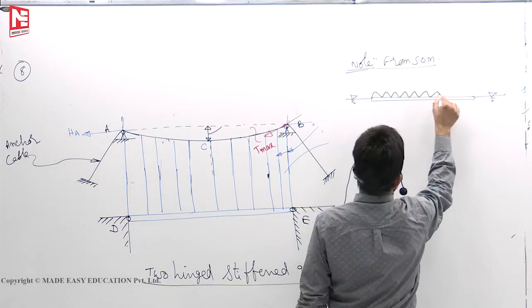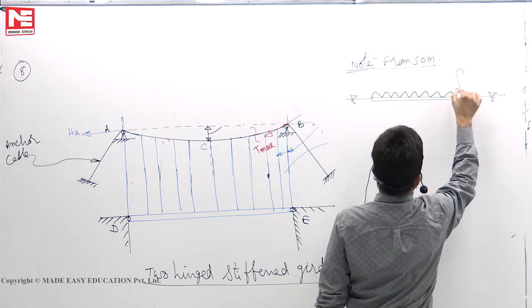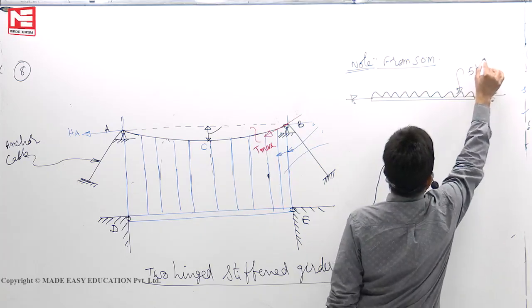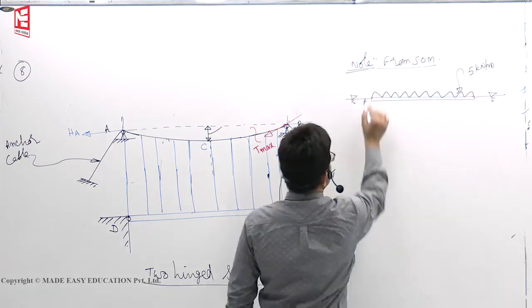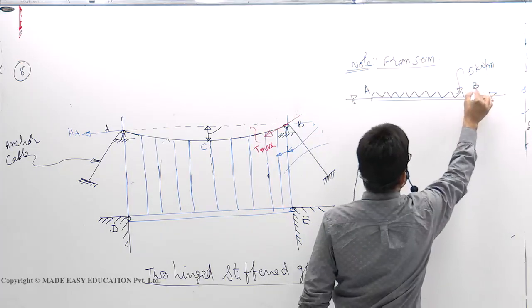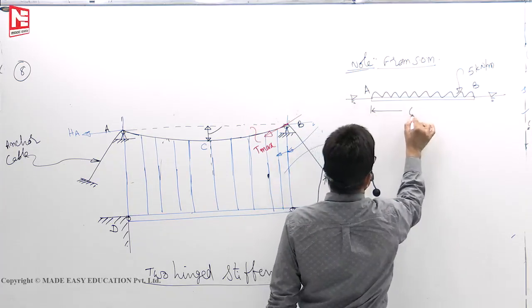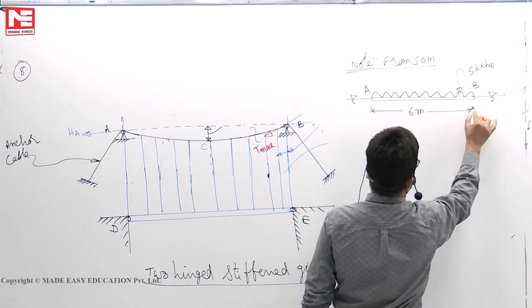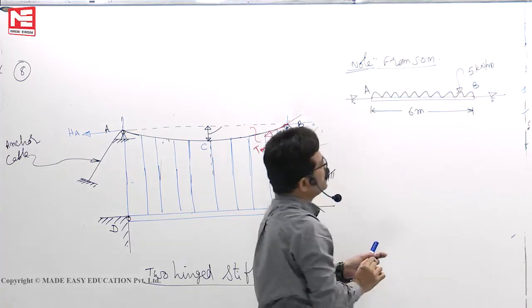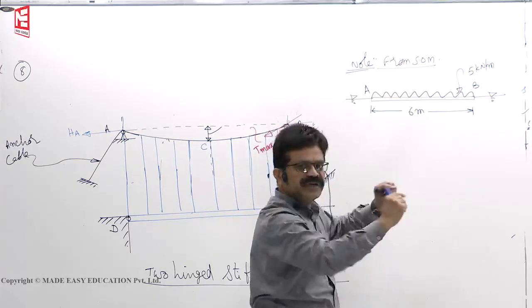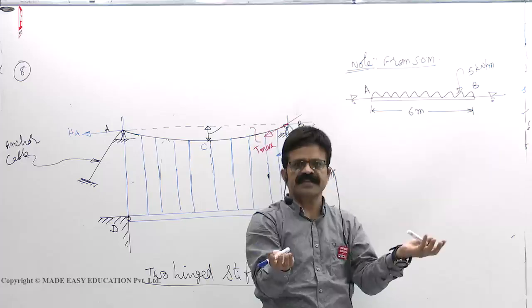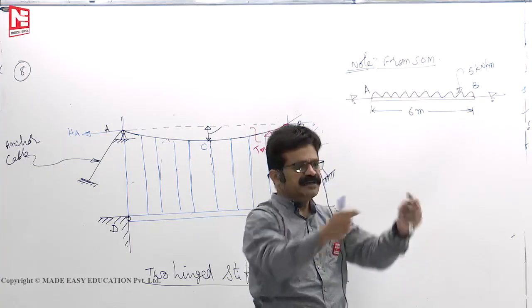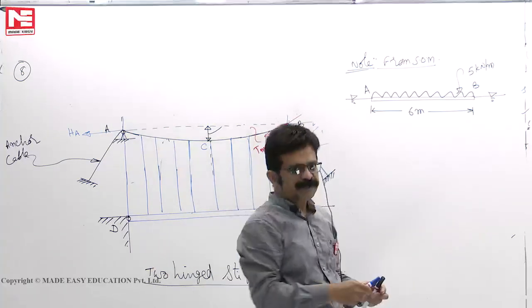This wooden log weight, you take it say 5 kilonewtons per meter, A, B. Its length let us say 6 meters. Then what is the bending moment in the wooden log? You have a wooden log, its self weight is 5 kilonewtons per meter, it is floating on water.